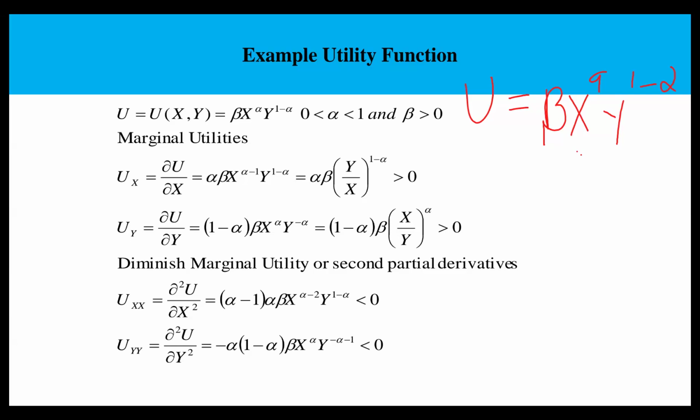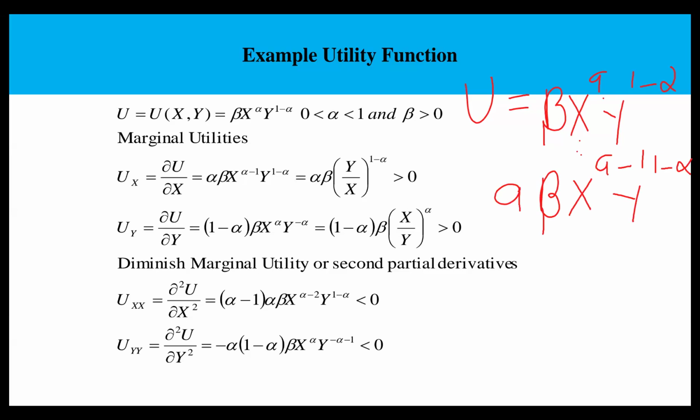Now, this is a higher order partial derivative. We know that x is raised to the power alpha, so drop alpha as usual. So have alpha multiplied by beta. Everything else will be treated as a constant. Then x to the power alpha minus 1 and the y to the power 1 minus alpha. Okay? That's the same derivative.